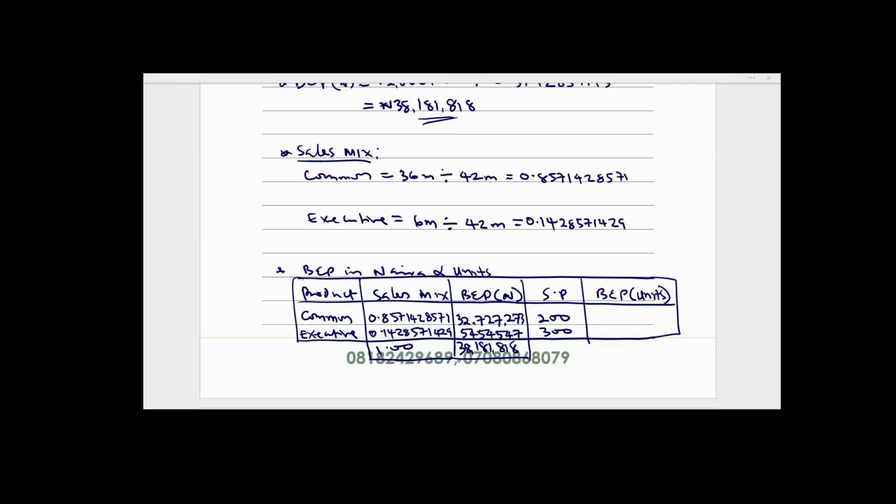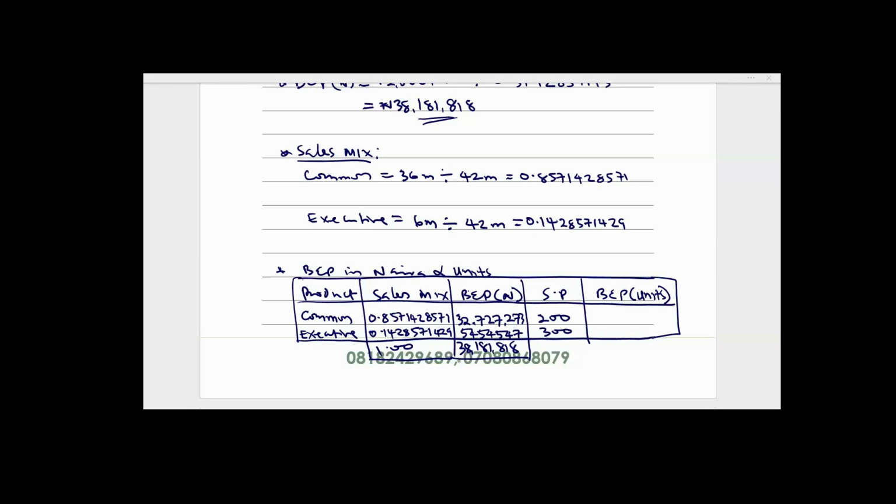Let me redo it. The first one for common is 32,727,272.57. When you round it, it will give you 273. I feel maybe because we are rounding it up, that's why it's not balanced. Well, in any case, you guys understand the concepts. So that's what we have done.